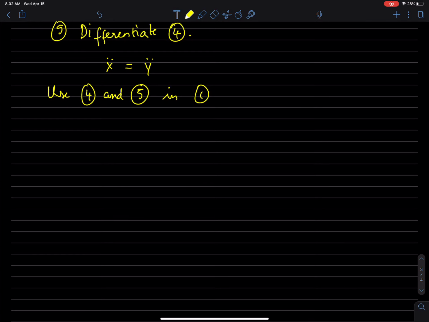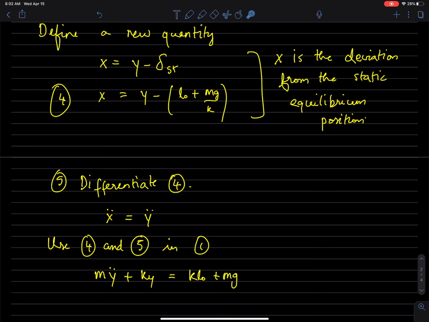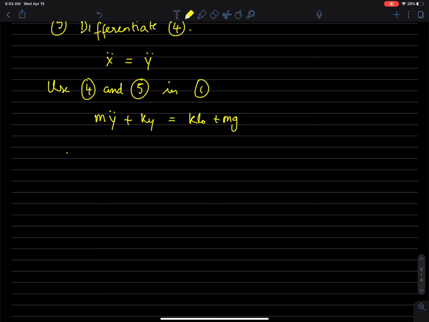So we have, let's just recall 1, my double dot plus ky equals kL naught plus mg. So we can just plug in y equals x plus this thing. y double dot is x double dot, y equals x plus L naught plus mg over k, equals kL naught plus mg.